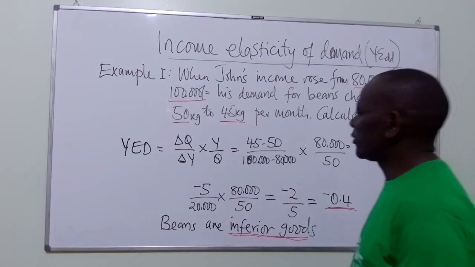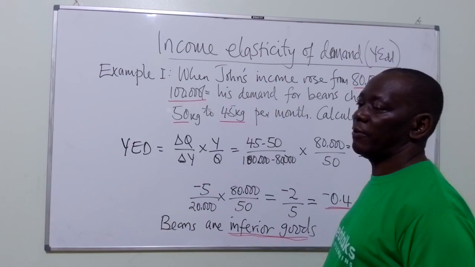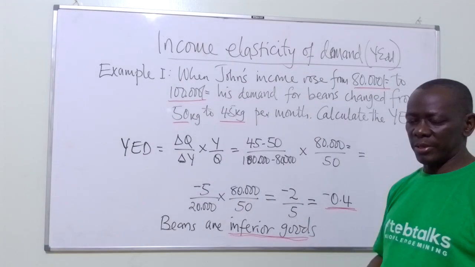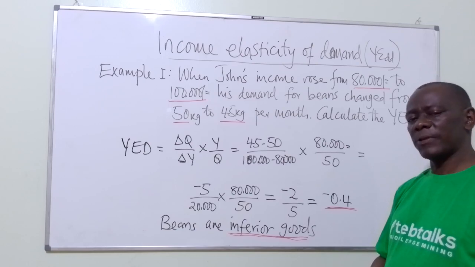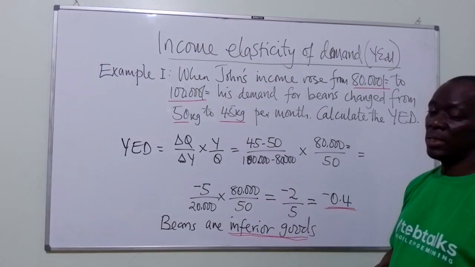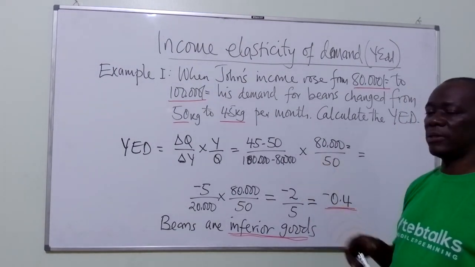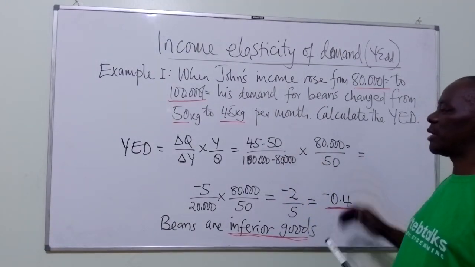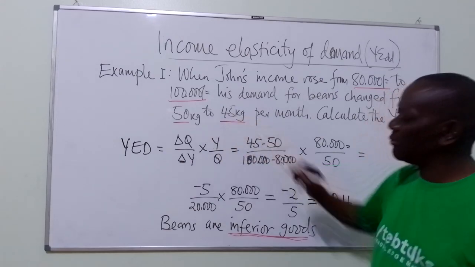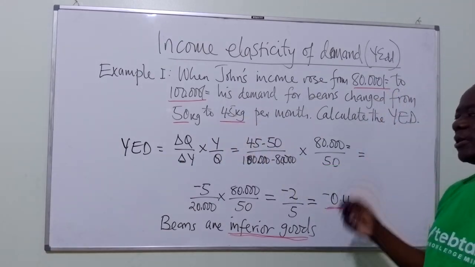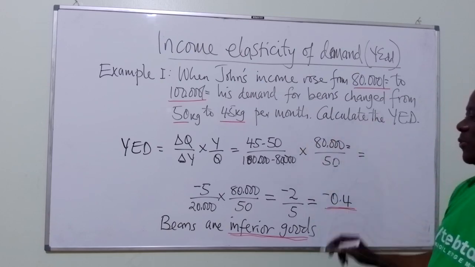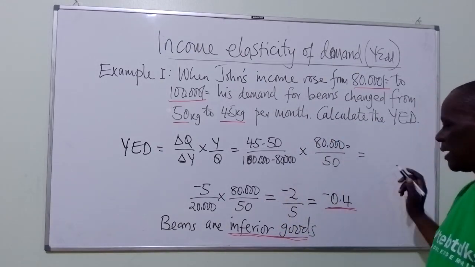This is the formula, and whenever you are calculating anything in economics, begin with the formula. When we are awarding marks in these calculations, the first mark you score is the formula. You may even fail to make a good substitution, but the tick will be there for the formula if it is a correct formula. So this formula we tick, substitution we tick, calculation and the answer.